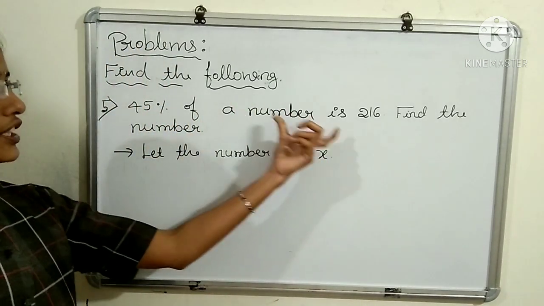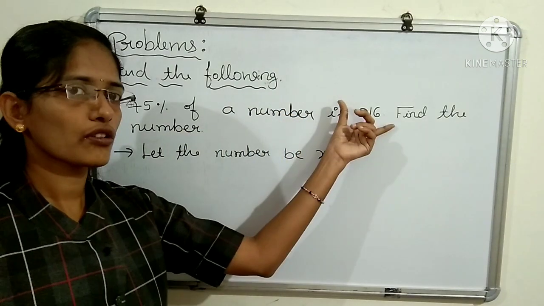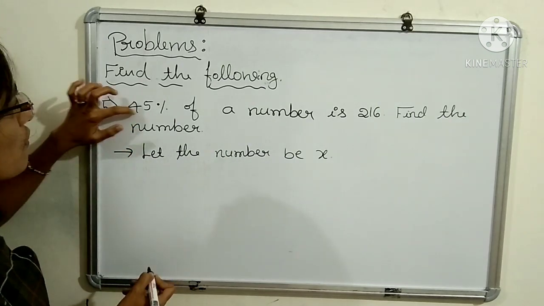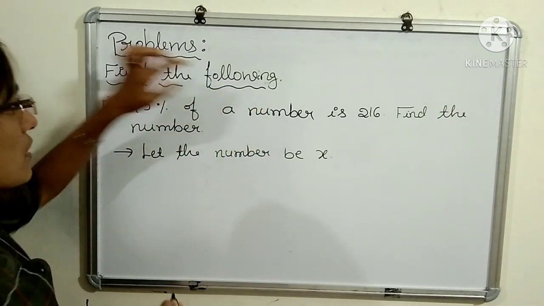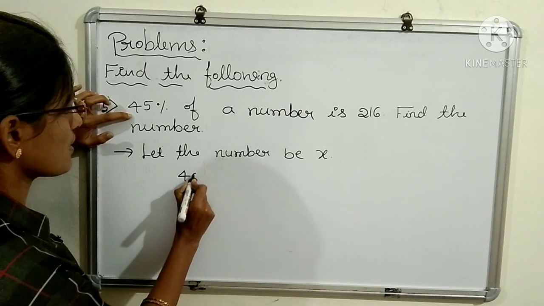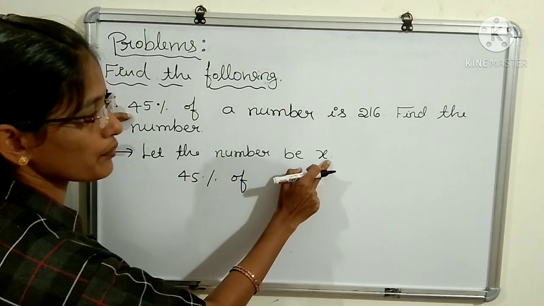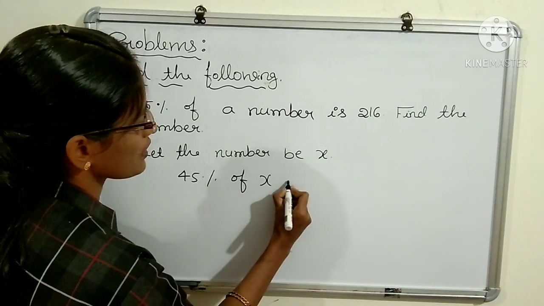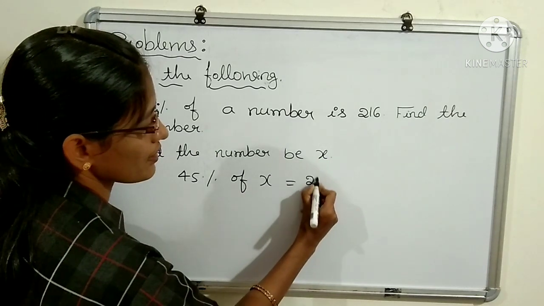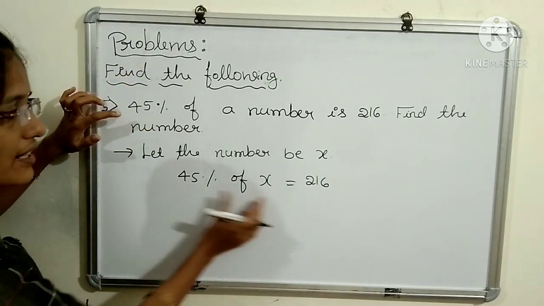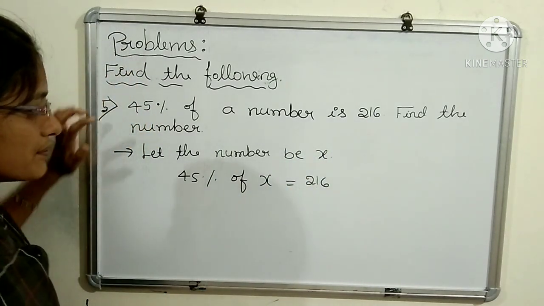Next, according to the condition of the question, we have to frame an equation. Here 45% of a number. Number means what we have taken? x is equal to 216. This is the left hand side. This is the right hand side.